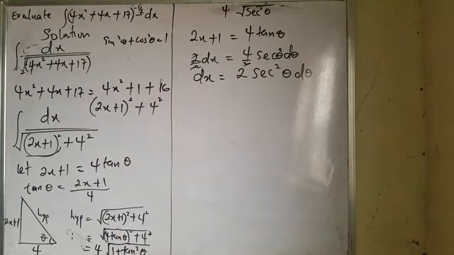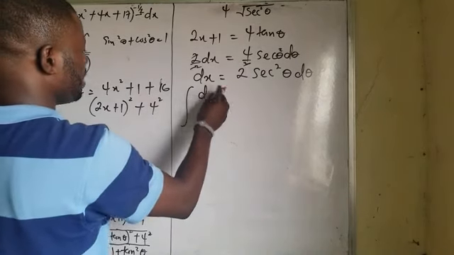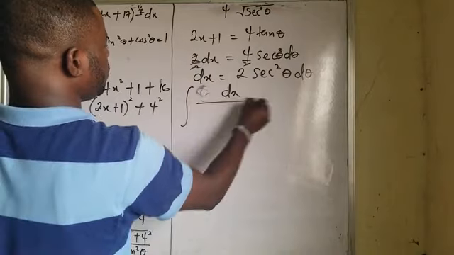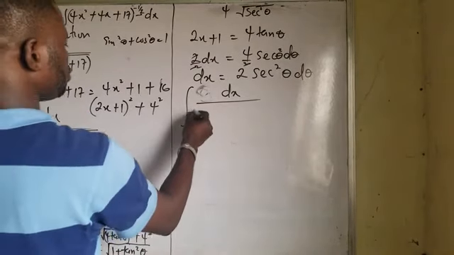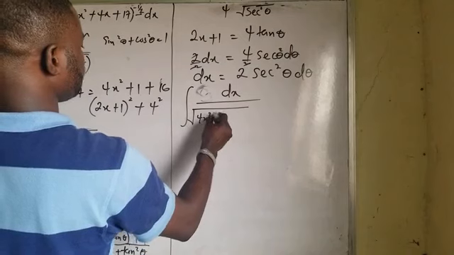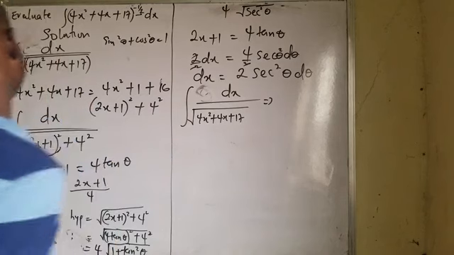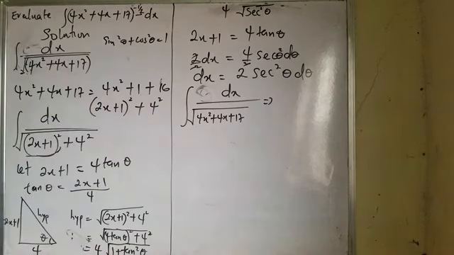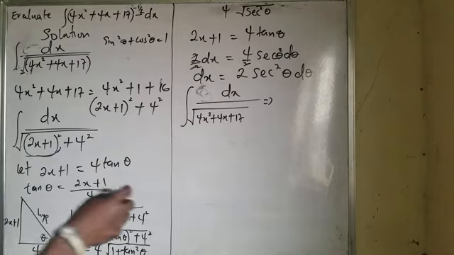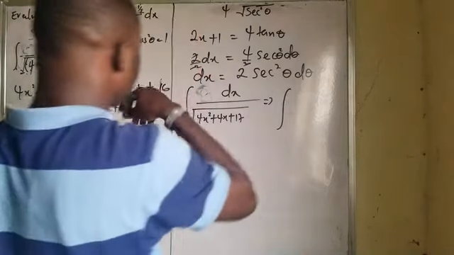Now, since I have that, what I need is available. The integral of root of 4x squared plus 4x plus 17 dx, I need to put everything together to become one.